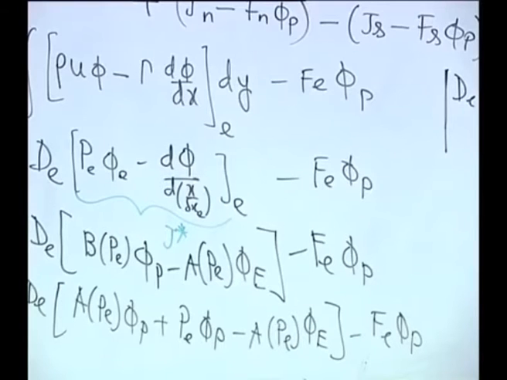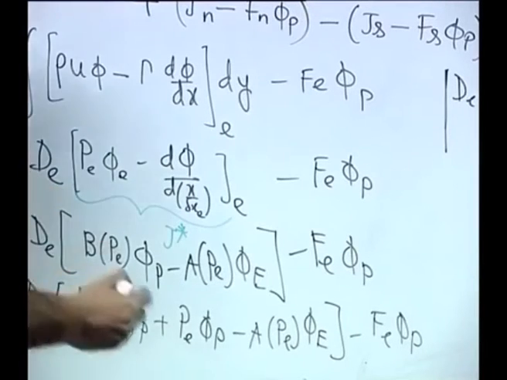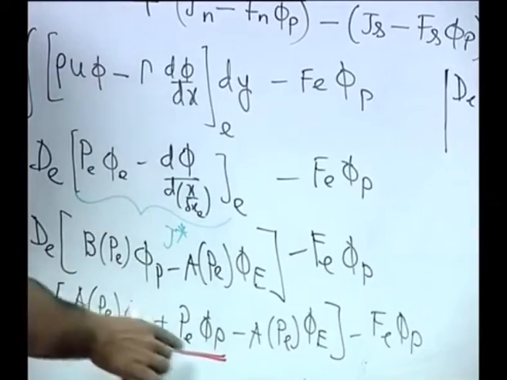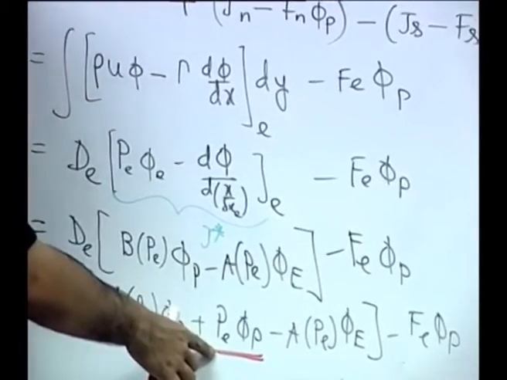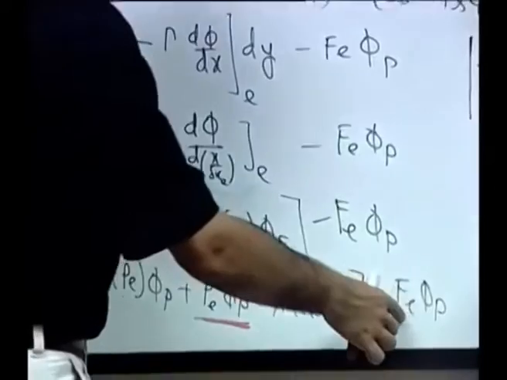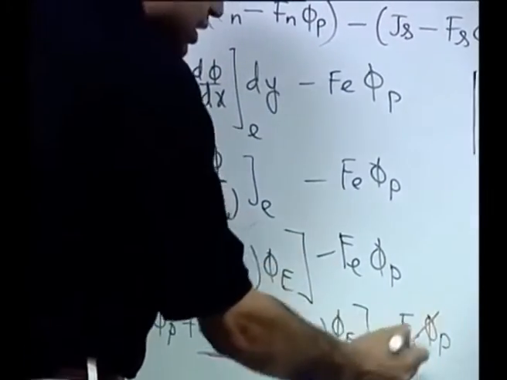Now, look carefully at this term: dE into Pe is Fe, so Fe into phi p and minus Fe into phi p, these two terms get cancelled.